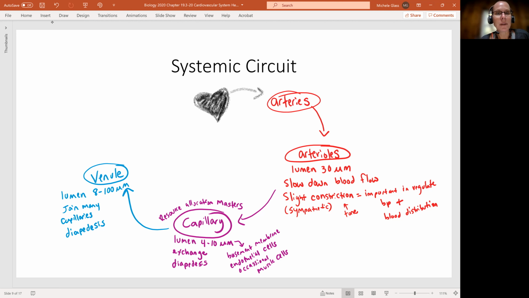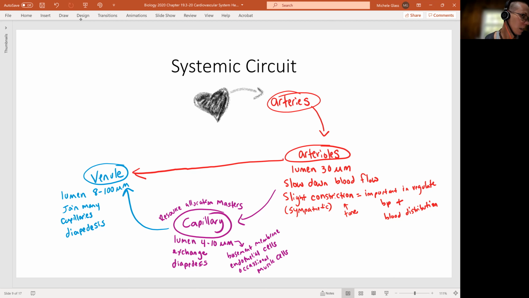So when we talk about the systemic circuit and we say the blood flows from the heart to the arteries, to the arterioles, to the capillary, to the venule, that's not actually always true. We'll see sometimes blood will flow from the artery directly to the venule.